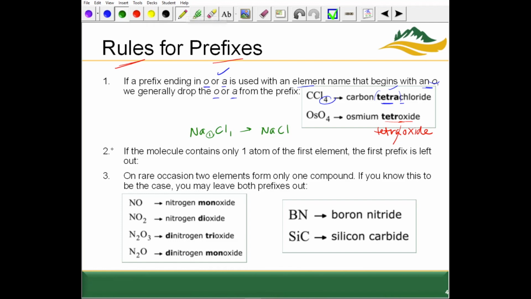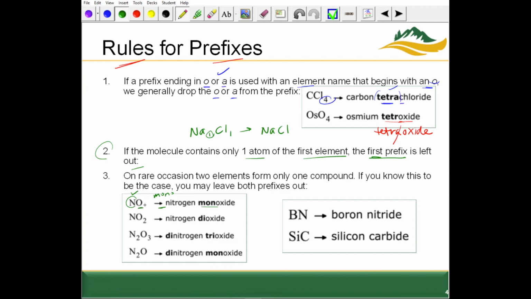So similarly for rule number 2, if the molecule contains only 1 atom of the first element, the first prefix is left out. For example here, we would not say mono-nitrogen monoxide. There's 1 nitrogen, so we do not write mono here because there's 1 nitrogen and nitrogen is the first element in that compound.